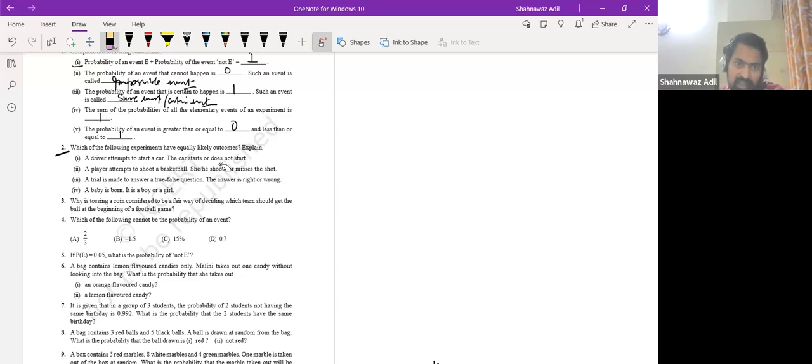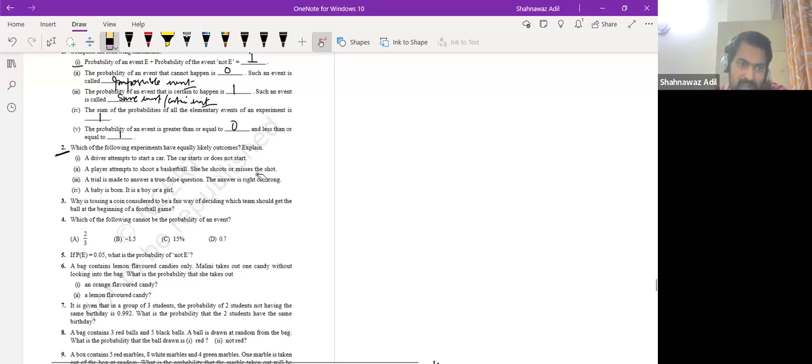So we are assuming that we are unbiased, that there is an equal chance that it may start or it may not start. Both have equal chance. Okay, did you understand that?